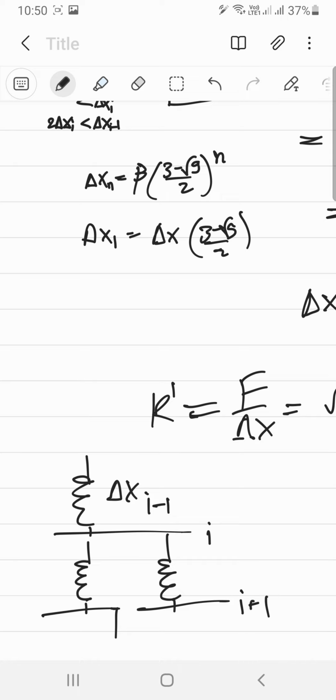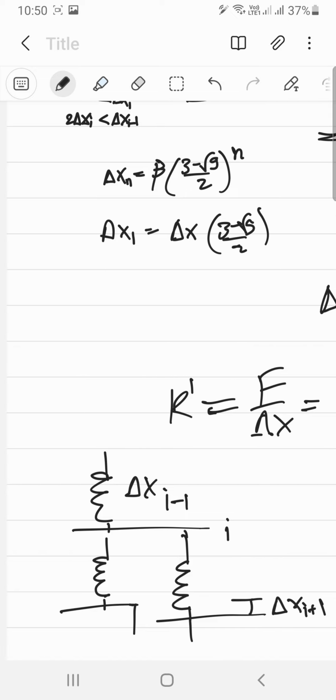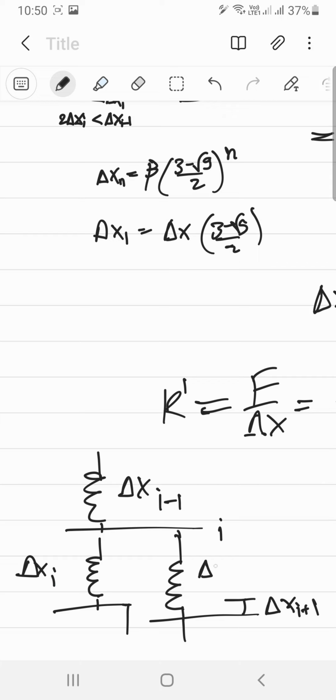This is the I plus 1 platform, and it is lower than this platform by delta x I plus 1. And this thing will have compression of delta x I. So this will have compression of delta x I minus delta x I plus 1, and from there you can say this is equal to this plus that.